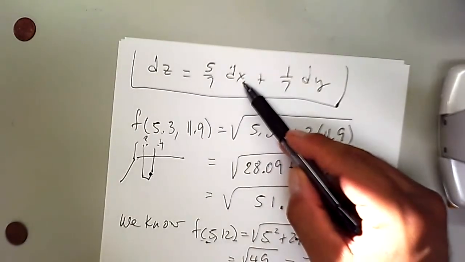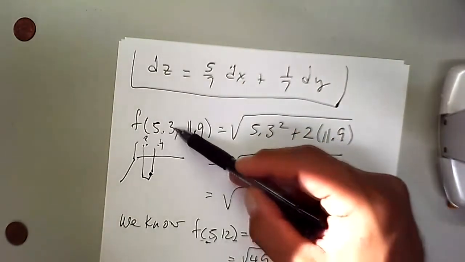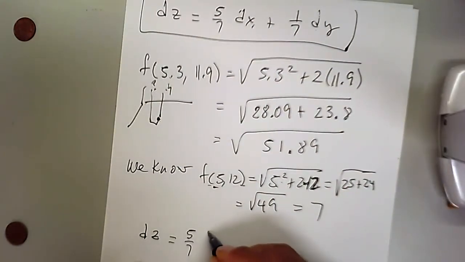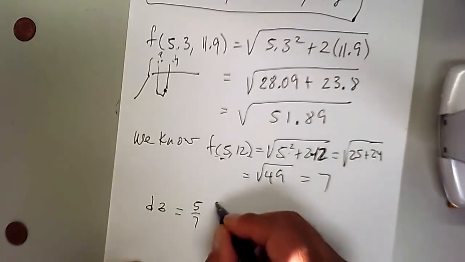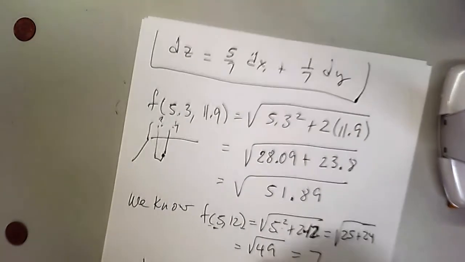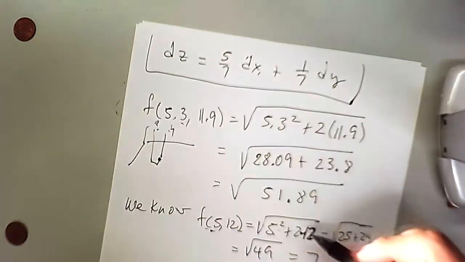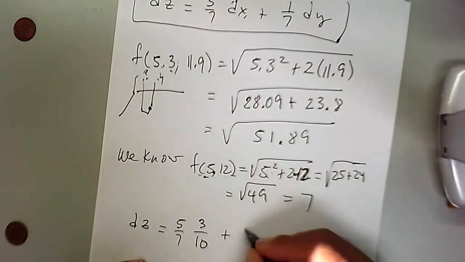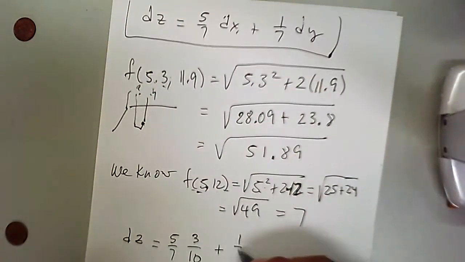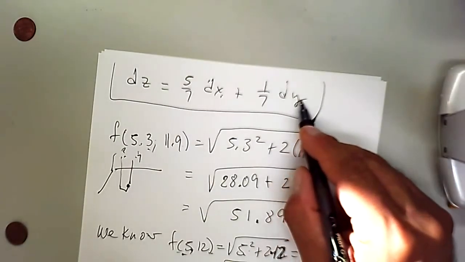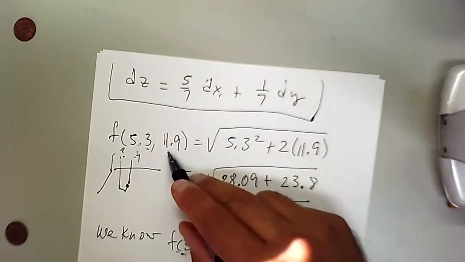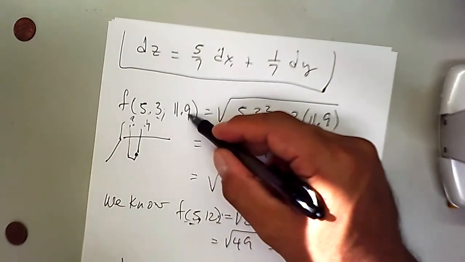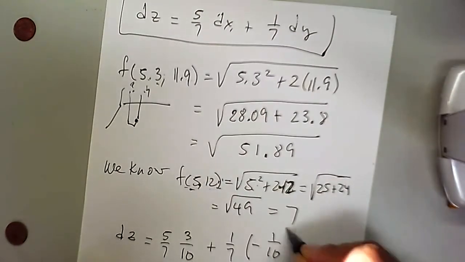The amount we change on the x value: well, if we're going from 5 to 5.3, we changed 0.3. So I'm going to put that as a fraction. 0.3 is 3/10. So that came from going from 5 to 5.3. Plus, the contribution in the y direction is 1/7 of whatever the change is. The change is -0.1, because we are going down from 12 to 11.9. So -1/10.